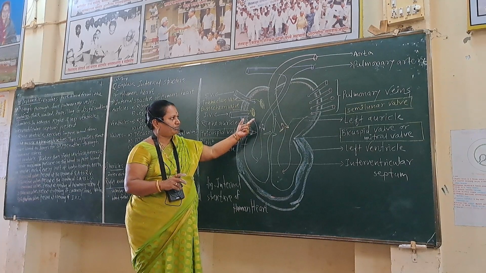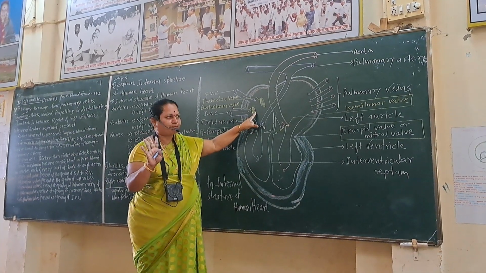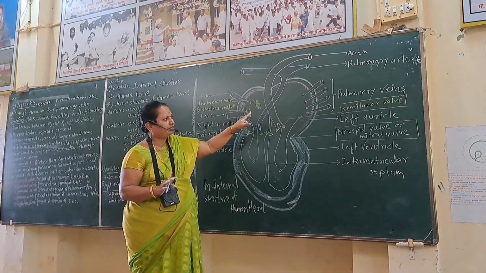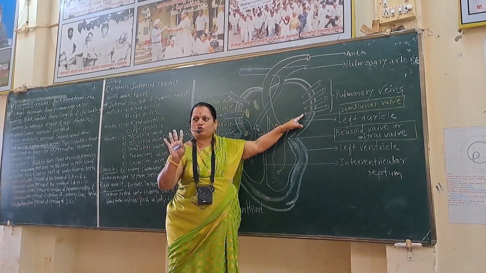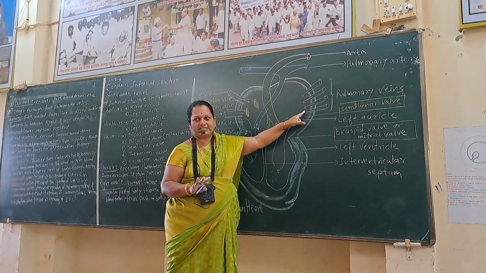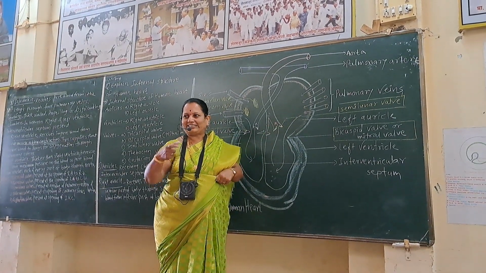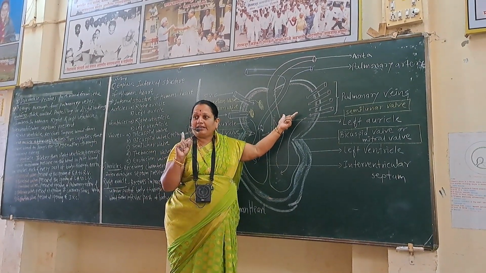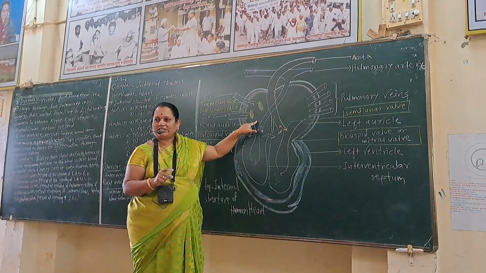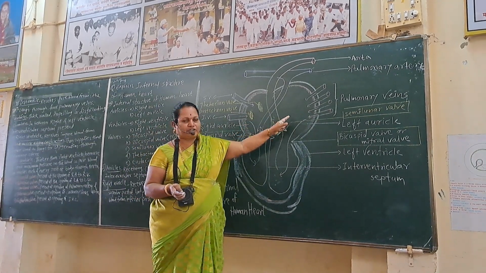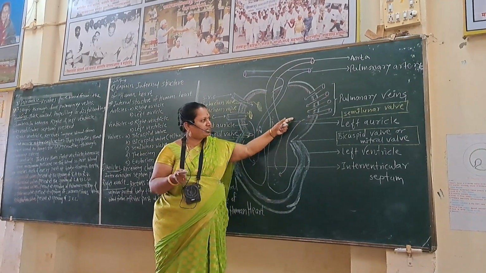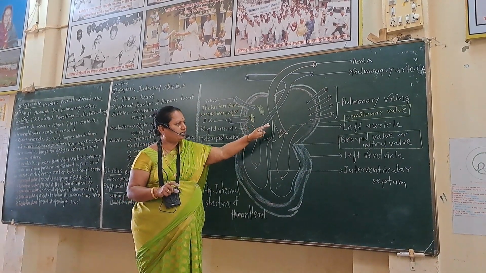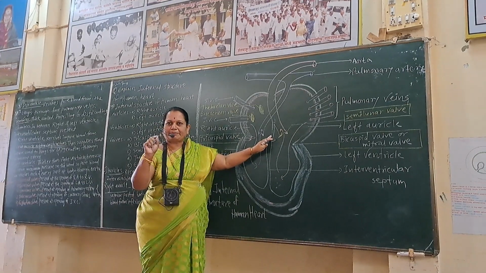Auricles are receiving chambers because right auricle receives impure blood from the body through superior vena cava and inferior vena cava, while left auricle receives pure blood from the lungs through 4 pulmonary veins. 4 pulmonary veins collect the pure or oxygenated blood from the lungs and enter which auricle? Left auricle. That means right auricle receives impure blood, left auricle receives pure blood. Therefore, these 2 chambers receive the blood and are called receiving chambers. These are thin-walled.